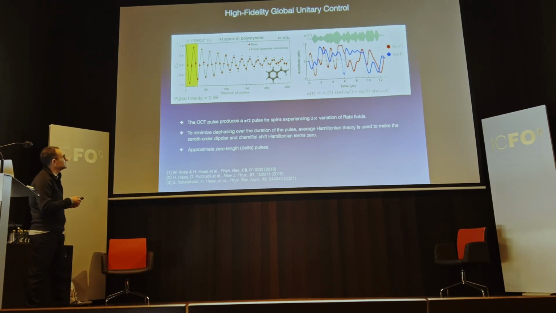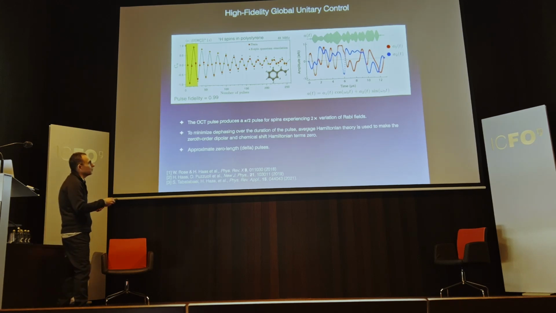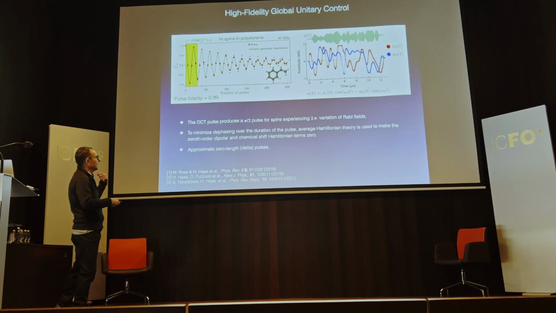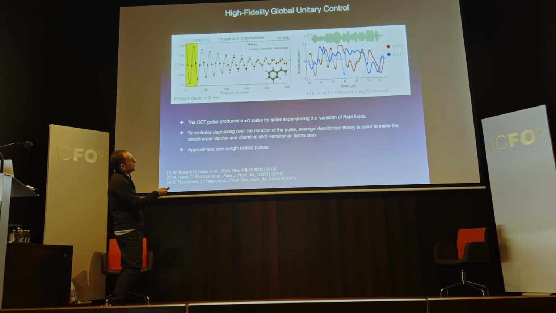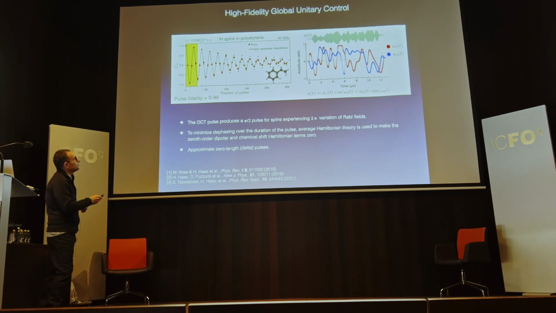They incorporate things like Hamiltonian engineering for zeroing the dipolar evolution during the time of the pulse. They refocus chemical shift Hamiltonian. So they act like a delta function pulse, even though they're like 12 microseconds long. And you can apply these things back to back, and they have very high fidelity. So this is 99% fidelity.